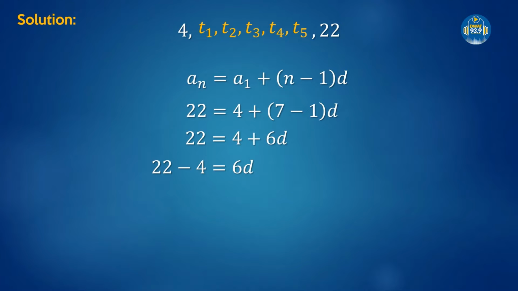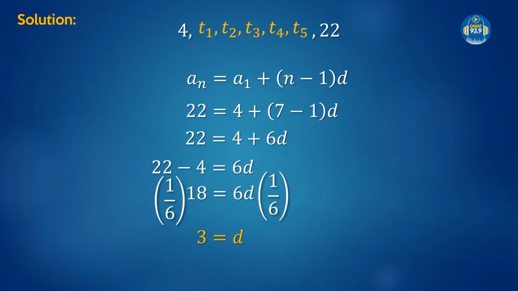Now, adding negative 4 to both sides of the equation, we have 22 minus 4 equals 6d. Simplifying, we have 18 equals 6d. And then, multiplying both sides of the equation by 1/6, we have d equals 3.